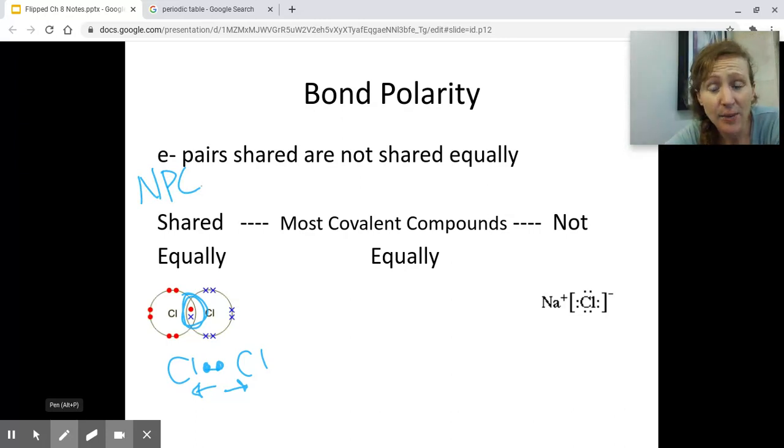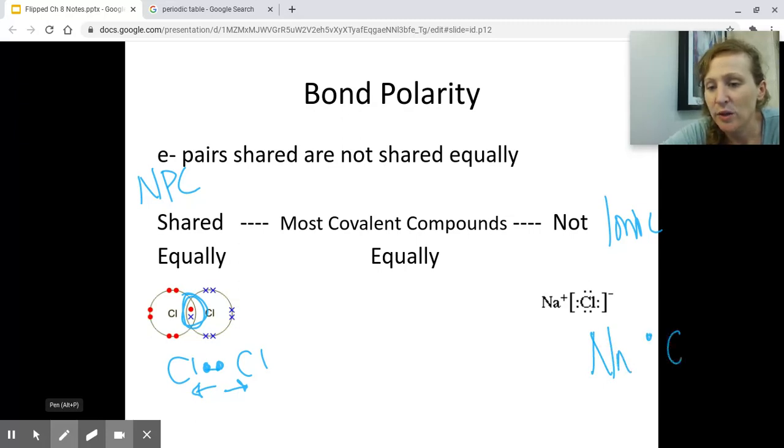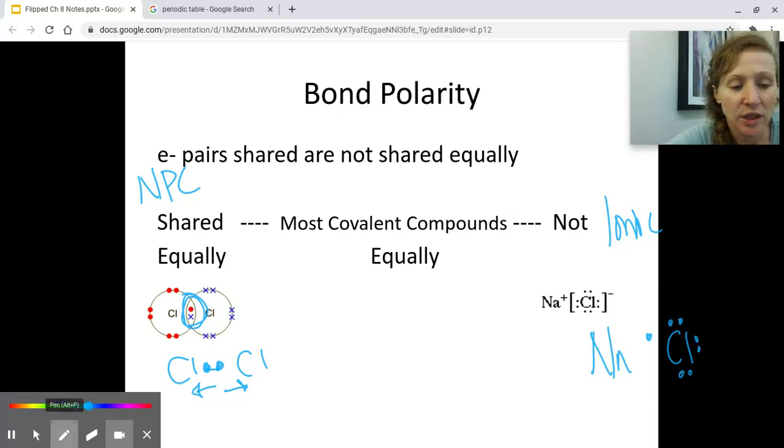Most covalent compounds, however, are not shared equally. Most of them have some degree of shift that occurs in that bond. We can contrast that to an ionic compound, which is not a covalent compound, but provides a good contrast. If we look at the bond between sodium and chlorine, remember there's one electron that comes from sodium and one electron that comes from chlorine.